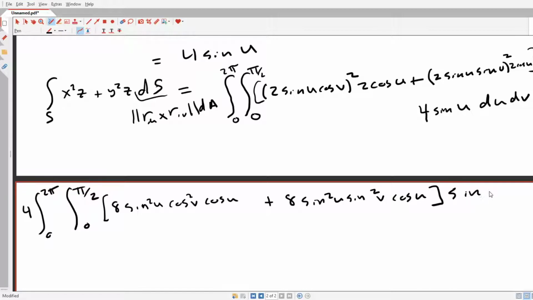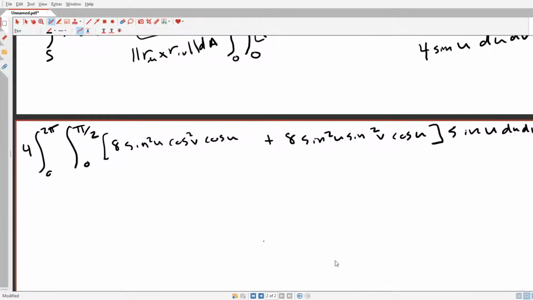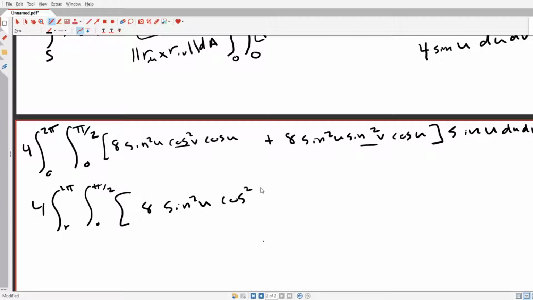Multiply all that by sine u du dv. Okay, and now here I have cosine squared v and sine squared v, so I can add those together and that's going to cancel out. So I get 8 sine squared u cosine u and sine u.